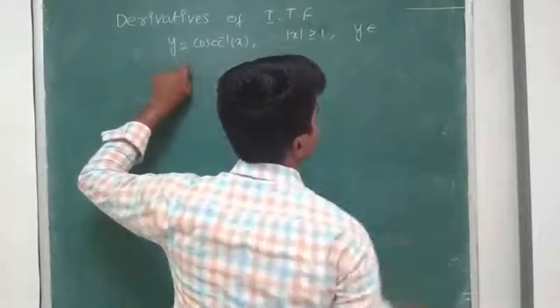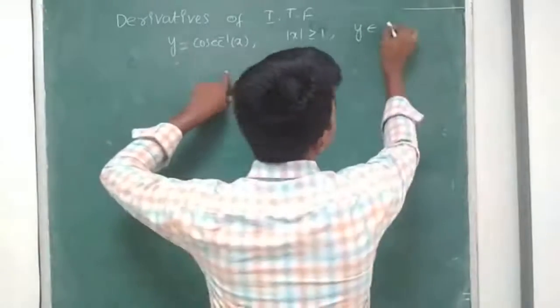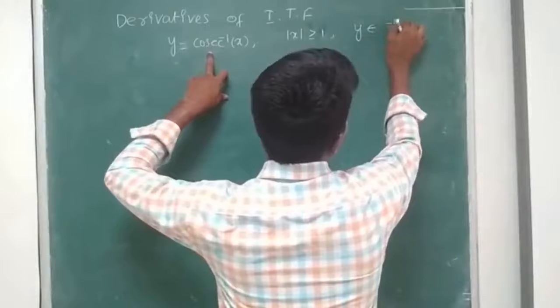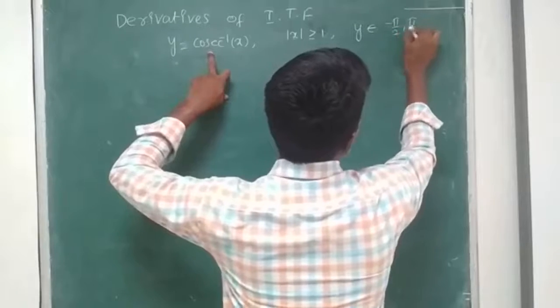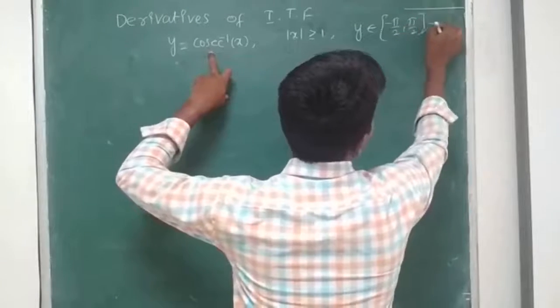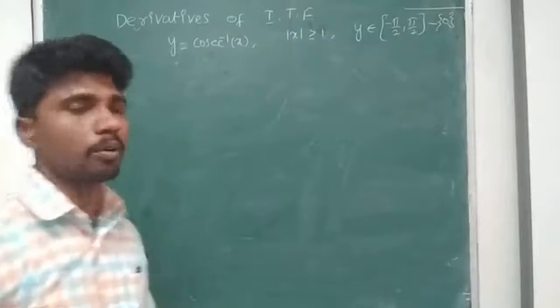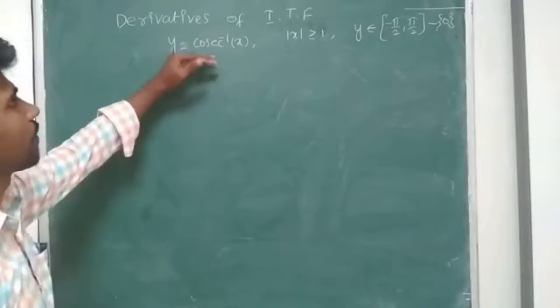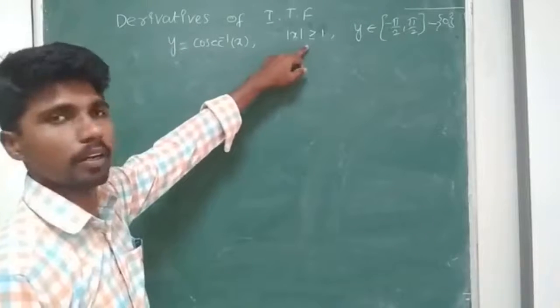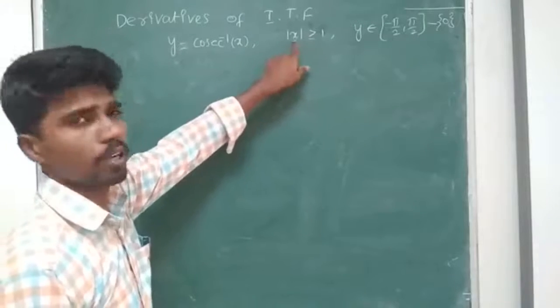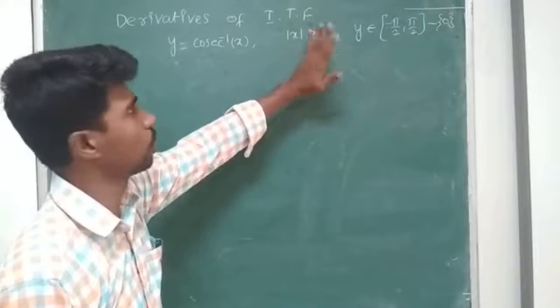Y belongs to minus pi by 2 to pi by 2 minus 0. So it's defined for all values lying in modulus of x greater than or equal to 1.